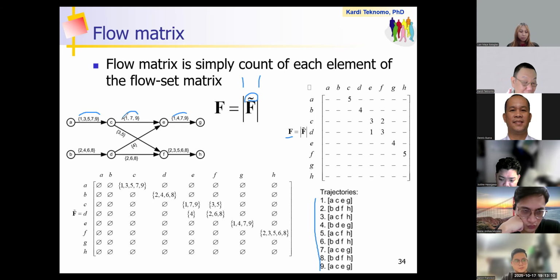The actual data that you need to get is the flow set matrix, but the flow matrix is just an aggregation. Once you aggregate into flow matrix, you lose information. Don't forget that. Once you put the IDs into just a number, you lose a lot of information because you don't know anymore which direction they are going. But if you keep the flow set matrix, you can still do a lot of analysis beyond the flow matrix.